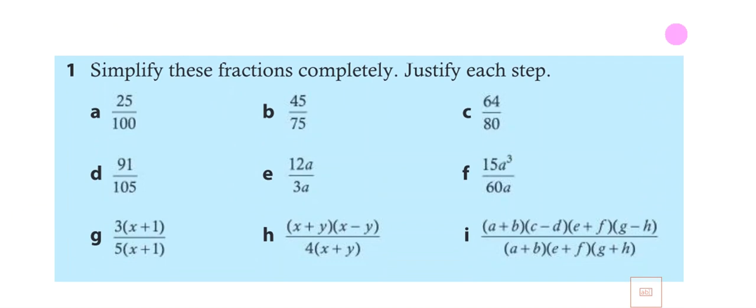The important thing for us is we're going to simplify the fractions completely, because we talked about the other day that a rational expression is when you have a fraction, because a rational number is a number that can be expressed as a fraction. So what numbers are irrational, just out of interest? Square root of 2.